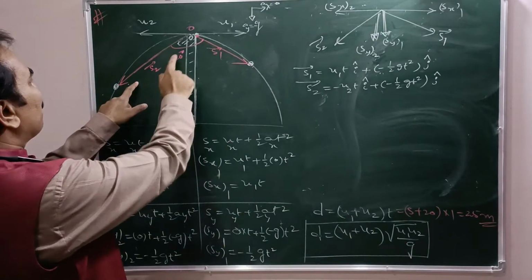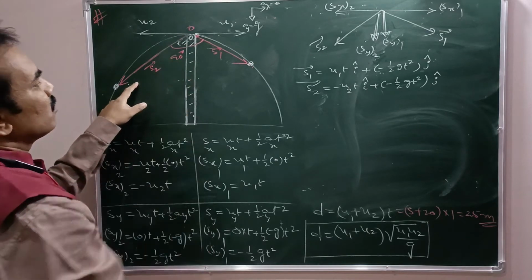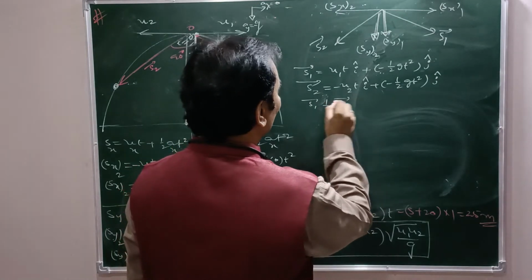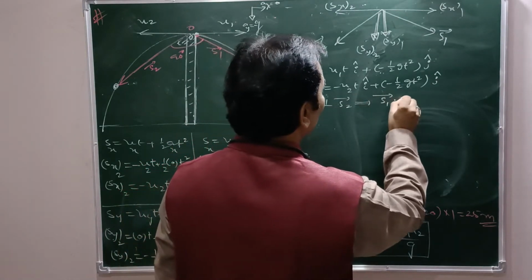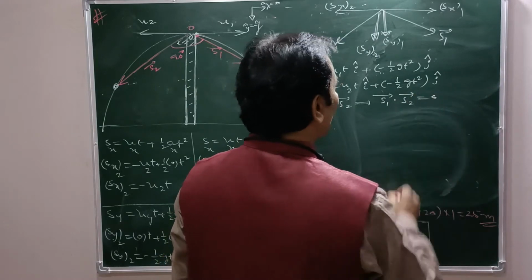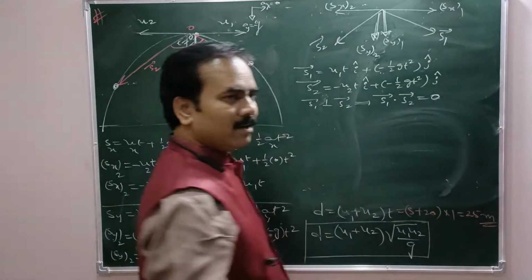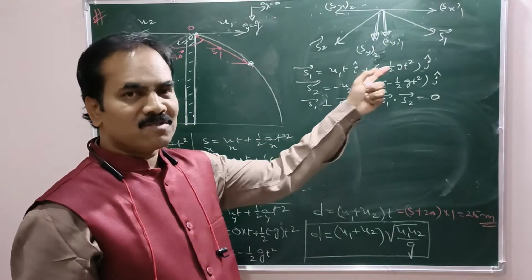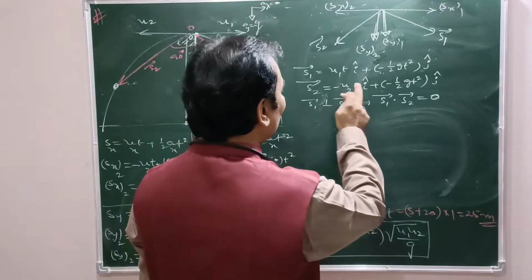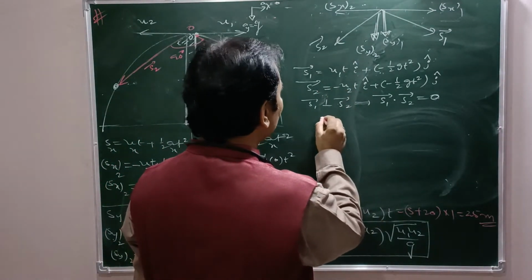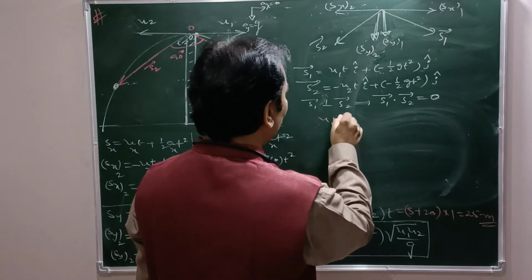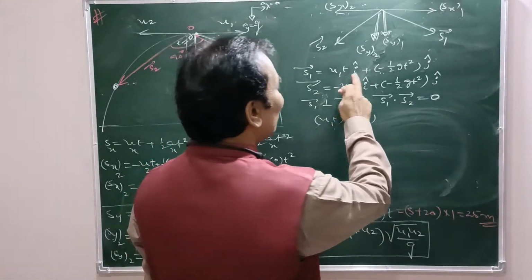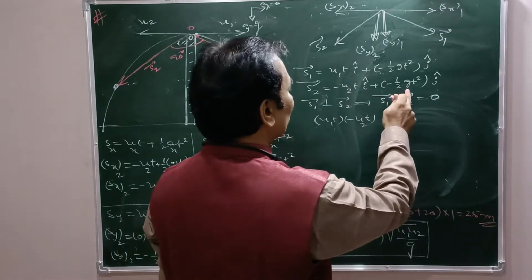Now S1 bar and S2 bar are perpendicular to each other. See here, 90 degrees. So therefore S1 bar perpendicular to S2 bar implies their dot product must be 0. S1 bar dot S2 bar must be 0, that is the sum of products of similar components. So i dot i is 1, we are left with u1 t into minus u2 t. i dot j is 0, so no need to consider this product.